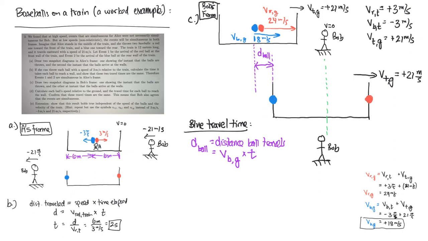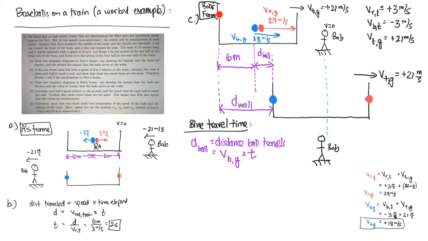Great. We have some other information in this diagram. We know the length of this train is 12 meters, and so we know half of the length of that train is 6 meters. And the other thing that we know, which will complete everything that we need, is that the wall has also moved. So I'll call that D wall.